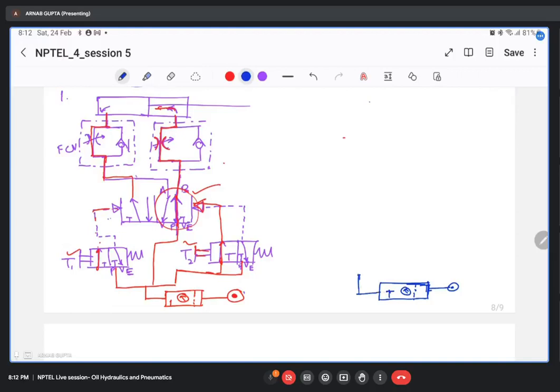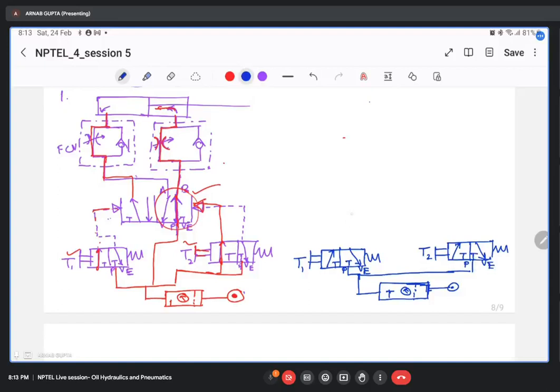Now you will have one plunger here, P and this T1, having another plunger here. Okay.